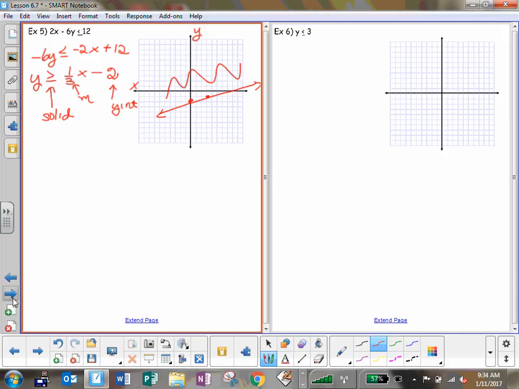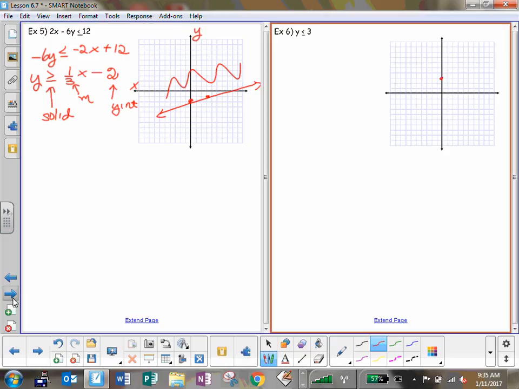What does a y equal 3 look like? Is it vertical, horizontal, or skew? Where is this y equals 3? Is it on the x-axis or the y-axis? Y-axis. It's got to go through that point. Does that mean I make it vertically through that point or horizontally through that point?